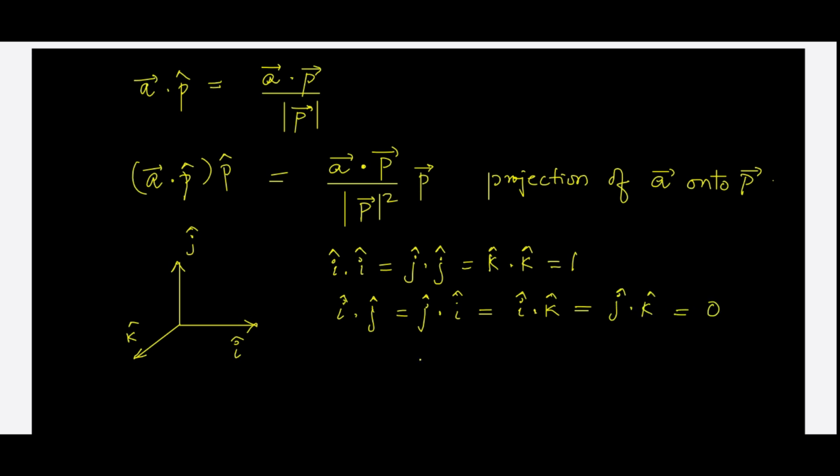We're missing something here. k cap dot j cap also equals to 0. Everything is 0 because these are all vectors that are perpendicular to each other. Okay.